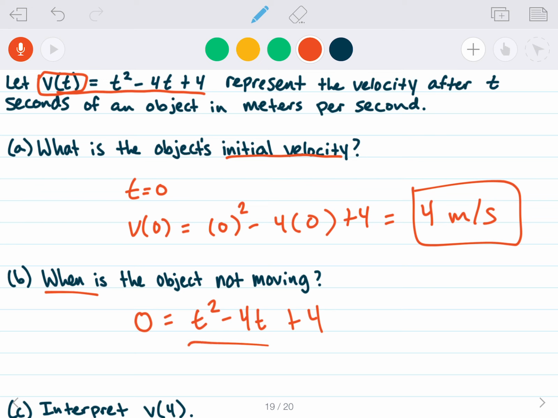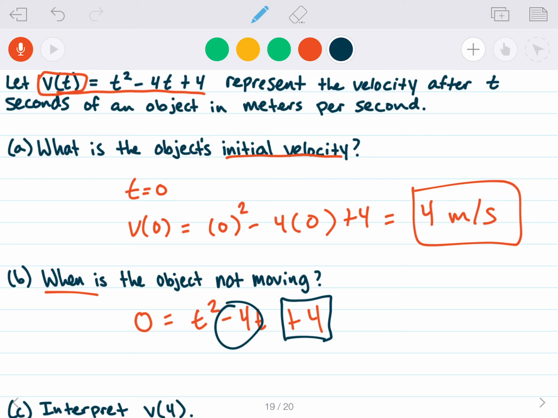So we're in standard form, which means that we can factor or use the quadratic formula. It might be easier to factor here because your a value is 1. Can I factor this? Yes, we can. What two numbers multiply to positive 4 yet add to negative 4?